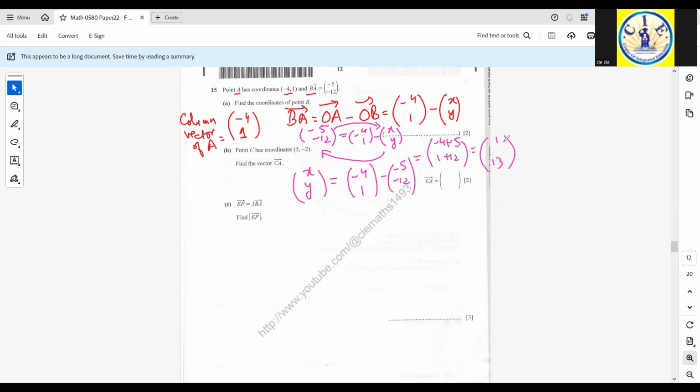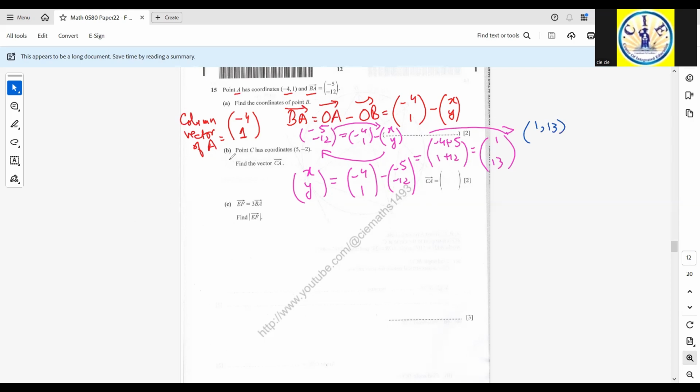This is the position vector of point B, and writing it down in points form, the coordinates of point B are 1, 13.